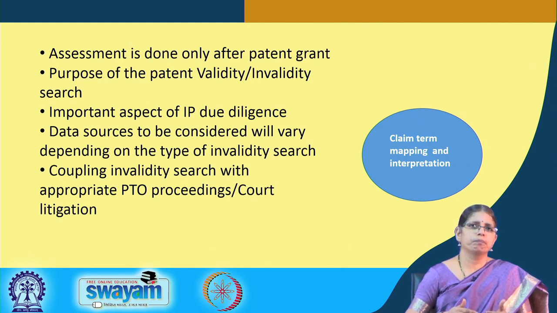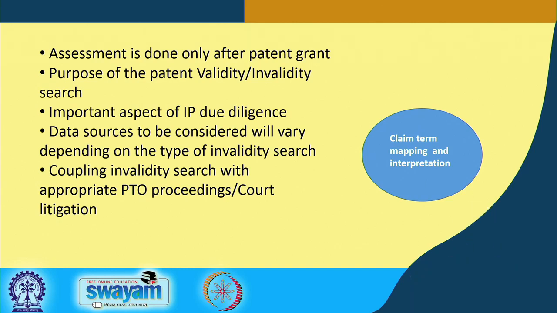Coupling this in relation to either the patent office proceedings or the court proceedings is a strategy, and one must keep in mind that the ability to analyze claim terms and claim scope, interpreting it in relation to a prior art, is the expertise one develops when one conducts a validity search.